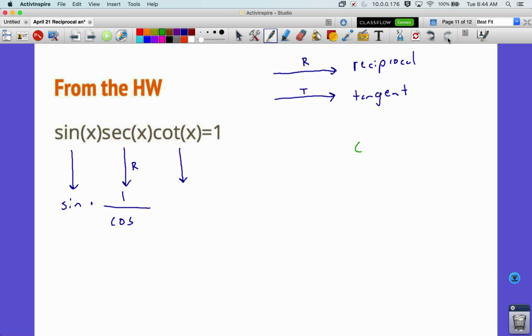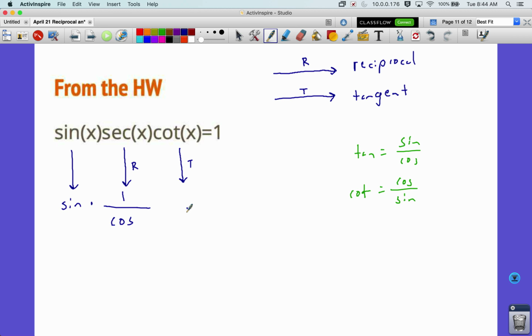So if tangent equals sine over cosine, then cotangent equals cosine over sine, because cotangent is the reciprocal of tangent. So to find its tangent identity, you just flip this side upside down. So there I just used a tangent identity.